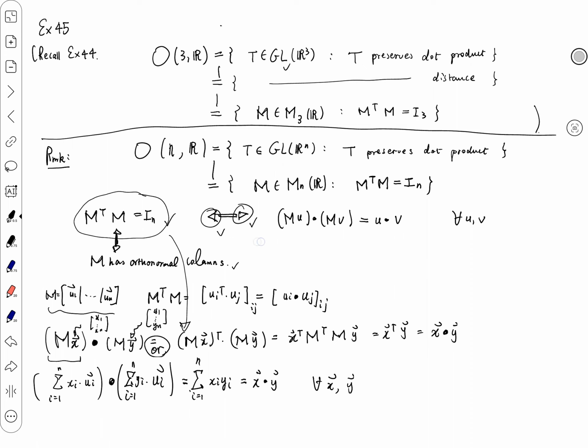Our test vectors: let's pick u equals ei, a standard vector, and v equals ej.